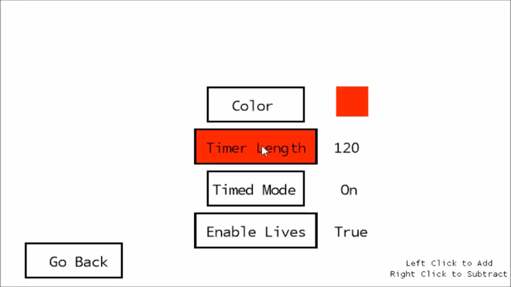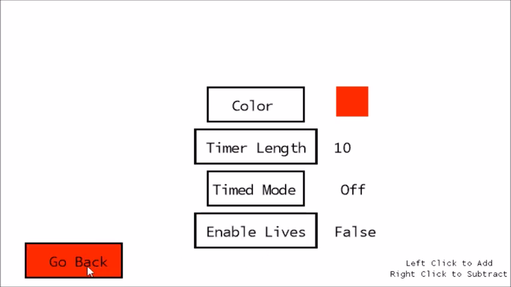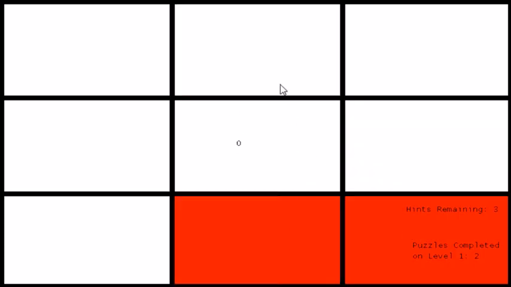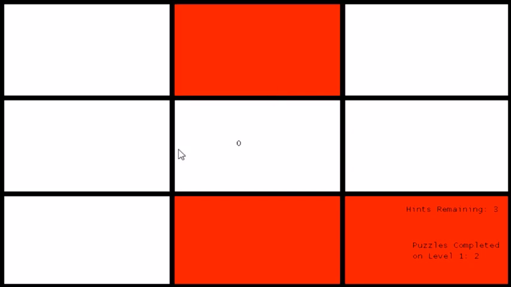And you can make it so that it goes by really quickly. And I'll just turn off timed mode and lives. So you can see that was really fast. I think that was this. Yeah. Up, I blinked and missed it. So it just re-randomizes when you get it wrong.